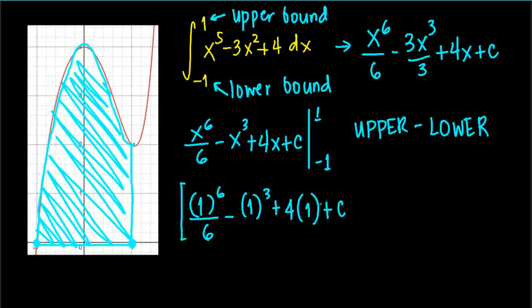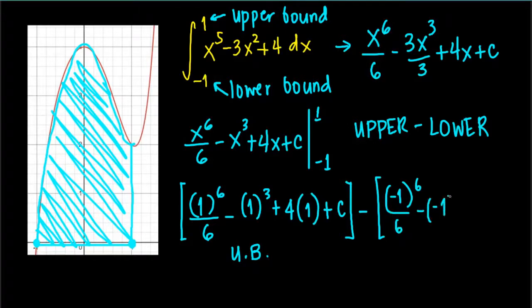Tanan ni, kung makita nyo, gin-substitute ko si upper bound naton nga 1. Okay? Minus, tanan kon nga lower. So, negative 1 raised to 6 over 6 minus negative 1 cubed plus 4 times negative 1 plus c.